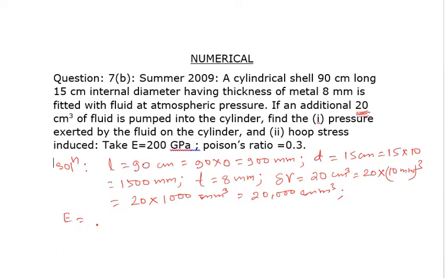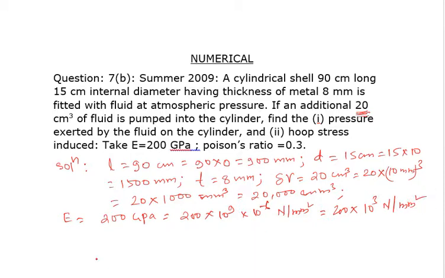E is equal to 200 gigapascal. So 200 into 10 to the power 9 into 10 to the power minus 6 Newton per mm square, which is 200 into 10 to the power 3 Newton per mm square.